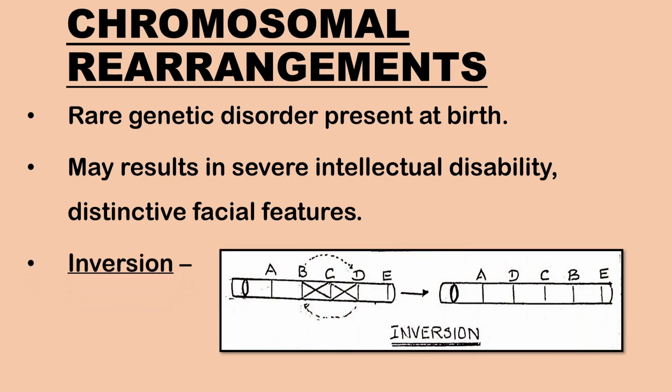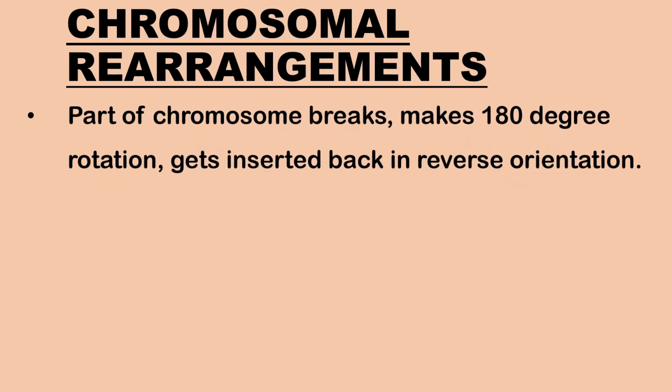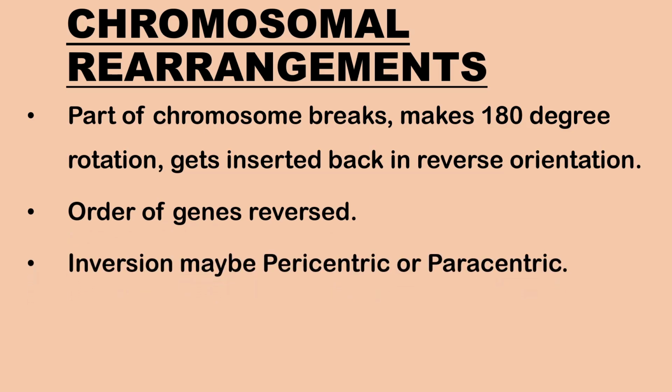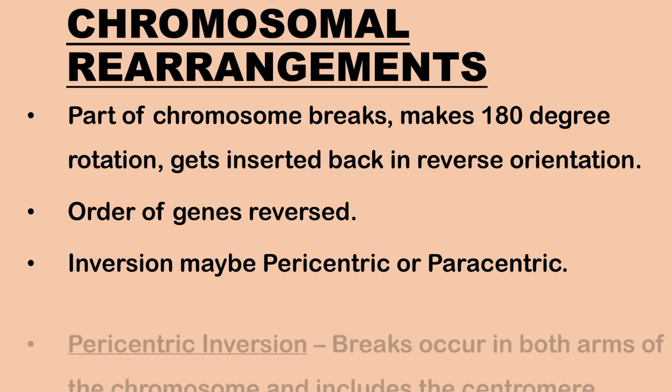An inversion in a chromosome occurs when a segment makes a 180-degree rotation and is inserted back within the same chromosome but in reverse orientation. The order of genes is reversed. Inversion may be pericentric or paracentric.